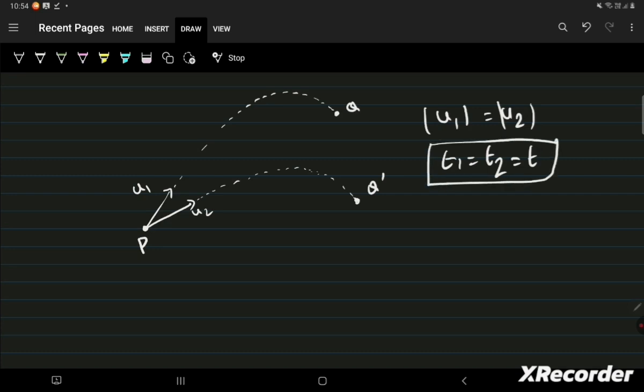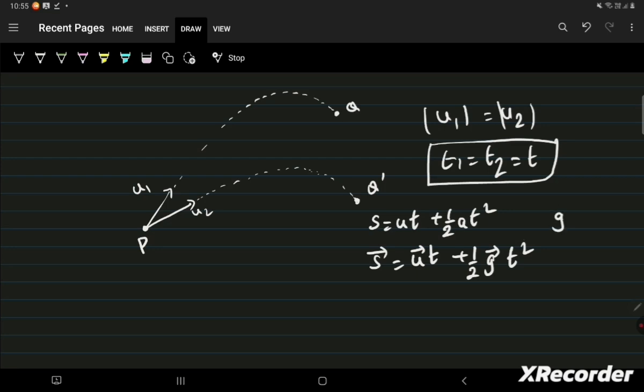We know the second equation of kinematics, S is equal to ut plus half at square. In 2D format, we can write the displacement vector S is equal to u vector t plus half g vector t square, where g vector is minus g j cap.